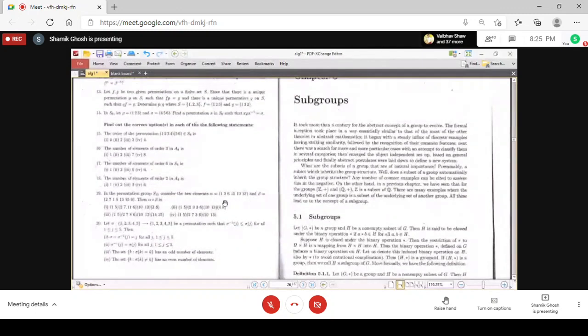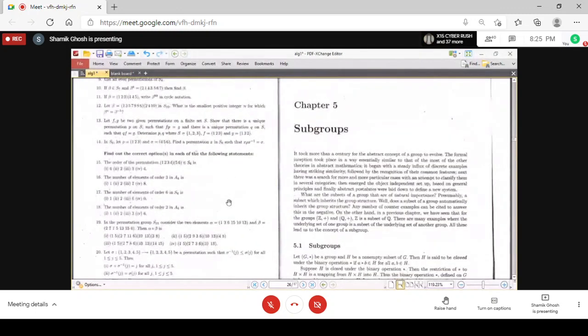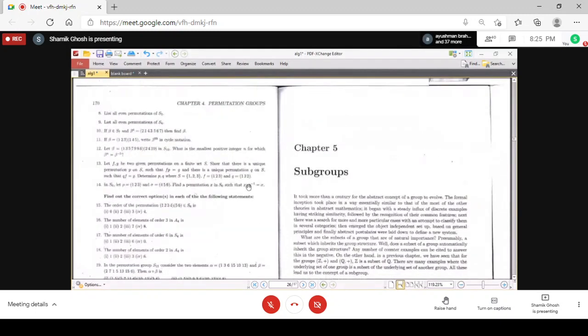I planned to give some assignments according to your roll number. I am giving you problems so that I will distribute all the problems among you, and you can post them in the group.